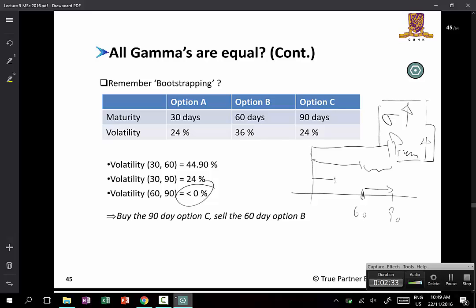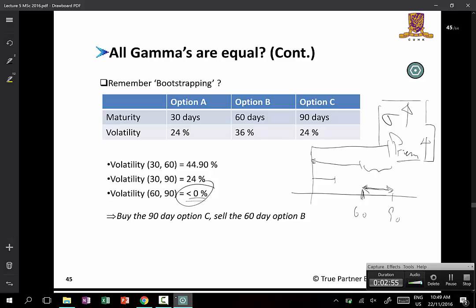Now we have a situation where the forward volatility of this period, not only is it very low, not only is it cheap, it's actually negative. Okay, so if it was possible, then you want to try to put on a position which will allow you to trade this segment. Okay, now how do you do that?